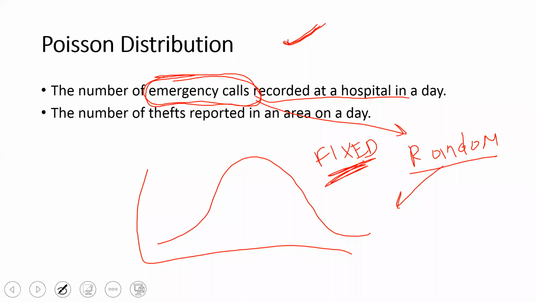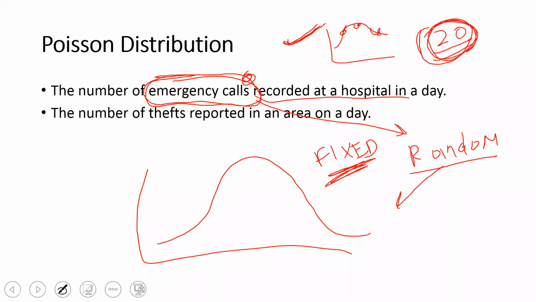We can say that the number of emergency calls that a hospital will be getting will be based on the average number of calls that the hospital got in the past. Suppose the hospital is getting 20 emergency calls every day.